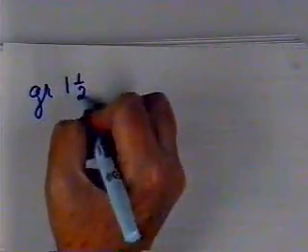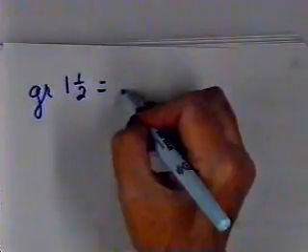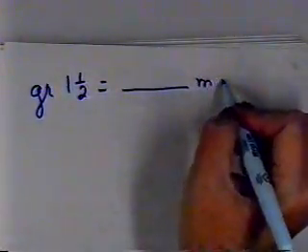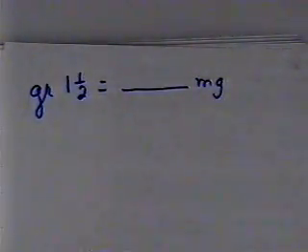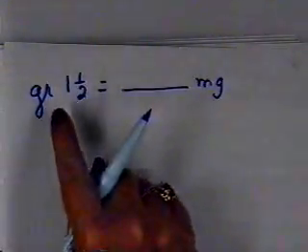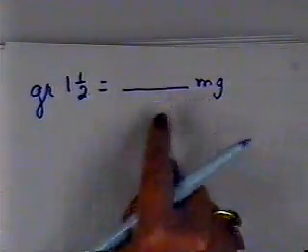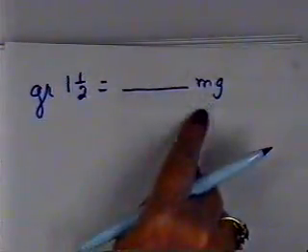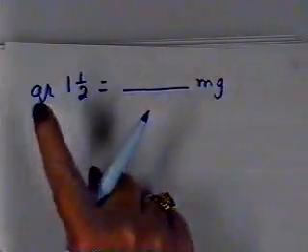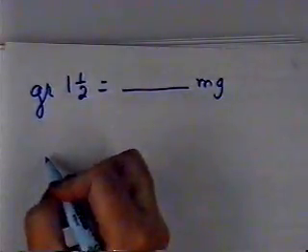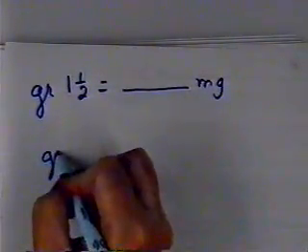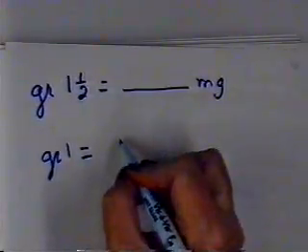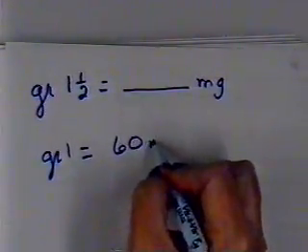Grains, 1 1/2 to milligrams. If we're going grains to milligrams, use the conversion from grains to milligrams. Don't go grains to grams. What is the conversion from grains to milligrams? 1 grain is 60 milligrams.